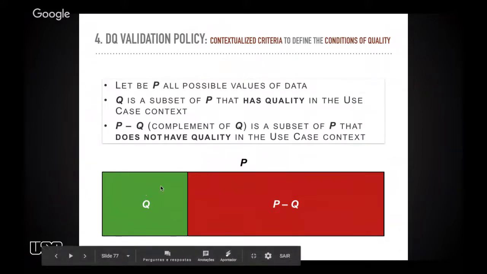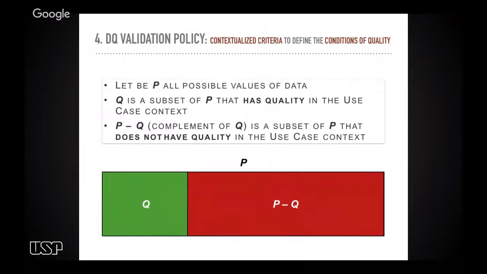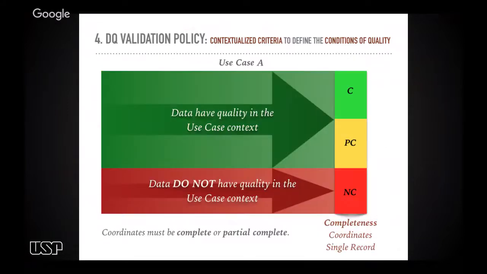And the complement of this are those possible values of the data that don't have quality. So the data quality validation policy makes this separation of data, what is good from what is not good for use.